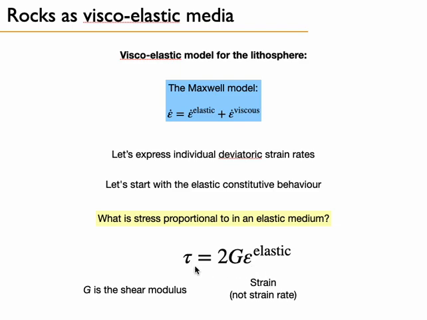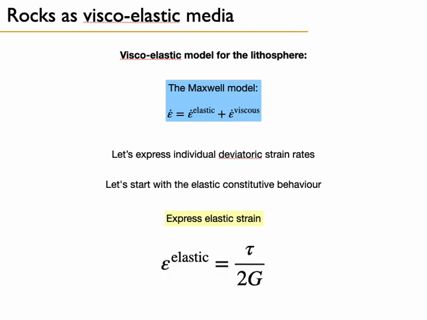Here, tau stands for the deviatoric stress, and epsilon is the deviatoric strain, the elastic part of it. In that case, the relationship is made with the shear modulus, G, which is a coefficient of unit Pascal. So we can solve for the elastic deviatoric strain, and this is tau divided by 2G.